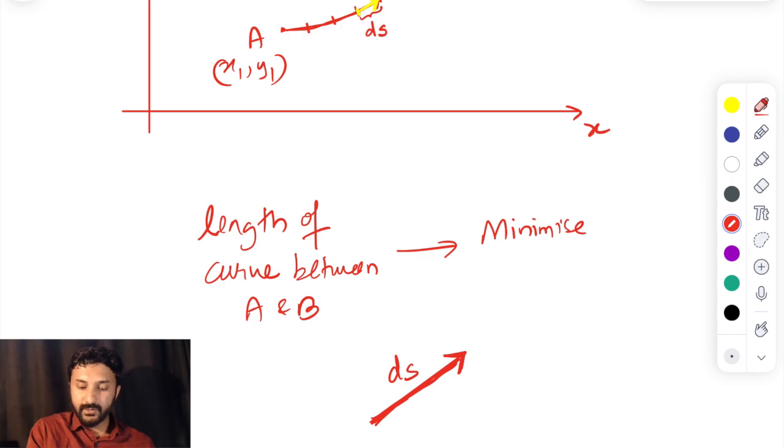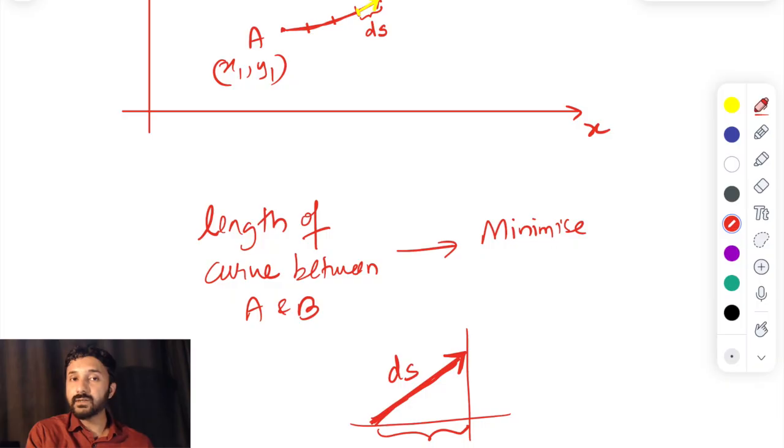So clearly we can resolve this, and we can think of ds as a displacement of dx along the x-axis and a displacement of dy along the y-axis, so that together, if you were to move dx units in the x direction and dy units in the y direction, you end up having made the displacement ds.